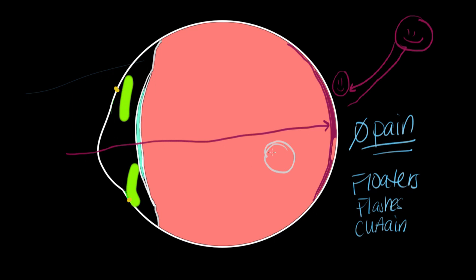Thinking about gravity and air, the gas bubble would rise to the back of the eye, push the retina back against the back of the wall, and it would reattach itself there.